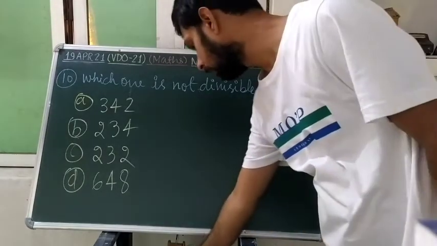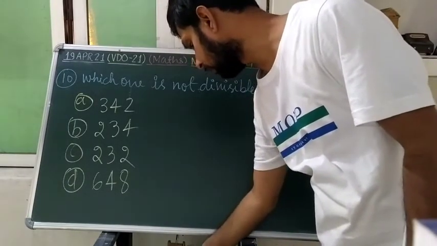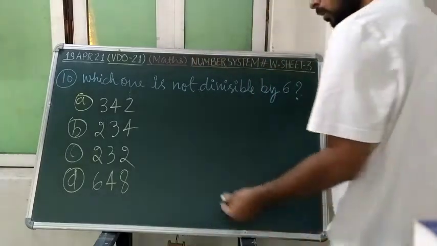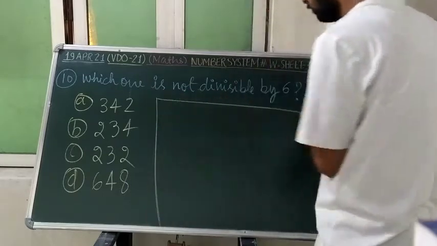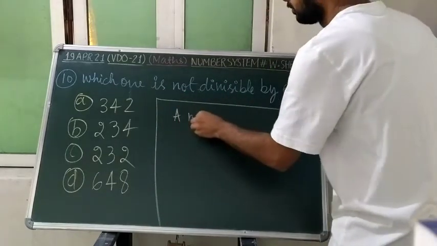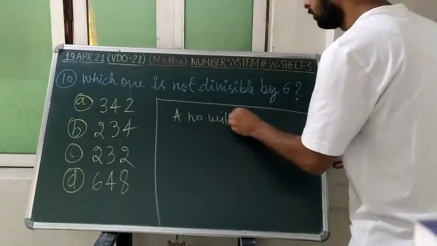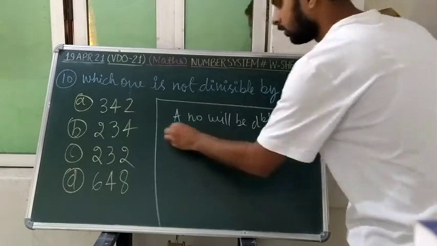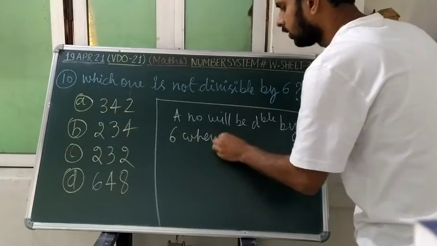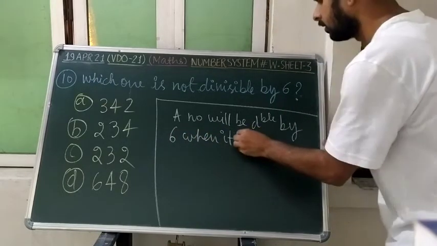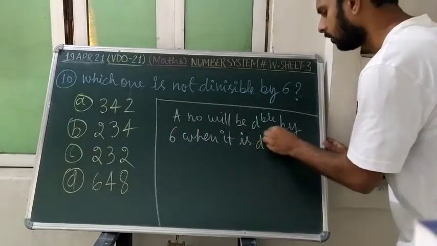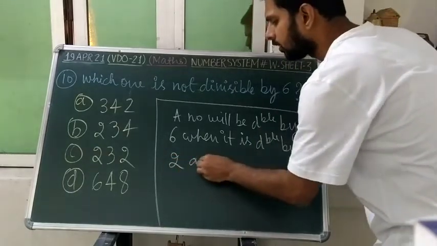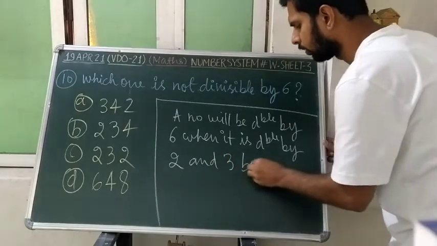Next problem. Which one is divisible by 6? A number will be divisible by 6 when it is divisible by 2 and 3 both.